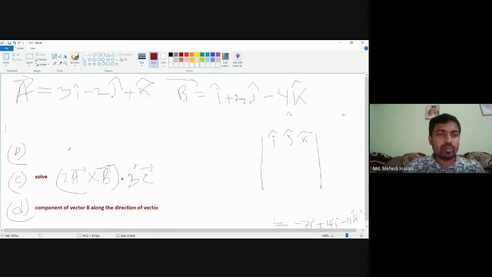So 2a, the component will be 3 into 2, which is 6, and minus 2 into 2, which is minus 4, and 1 into 2, which is 2. So 6, minus 4 and 2, they are basically the x y z components of 2a vector respectively. Okay, and in case of b, it's 1, 3, minus 4, and if you solve this it is basically 2a cross b.